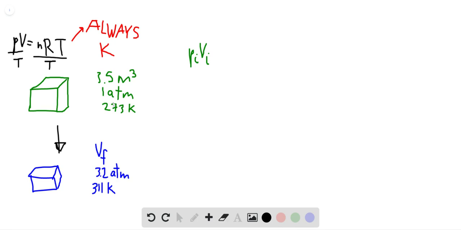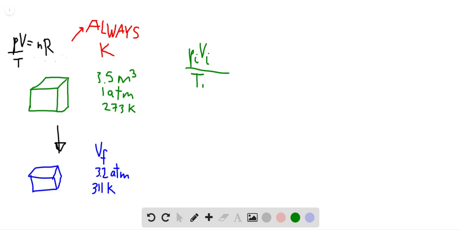Here, the temperature disappears on this side. Anyway, we've basically moved the temperature on this side of the equation to this side of the equation. So now I will write this down.